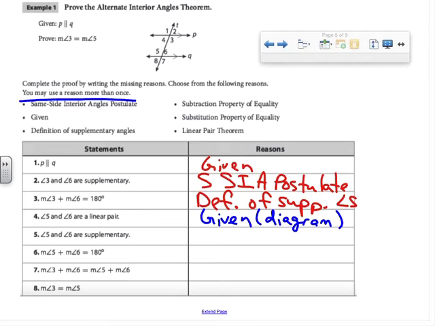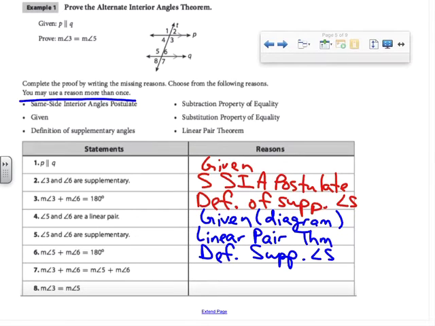Once I know that those are a linear pair, because I look at them and I see that they are a linear pair, then I can conclude that they're supplementary because of the linear pair theorem. Once again, since I know that they're supplementary, I know that they add up to 180 because of the definition of supplementary angles.